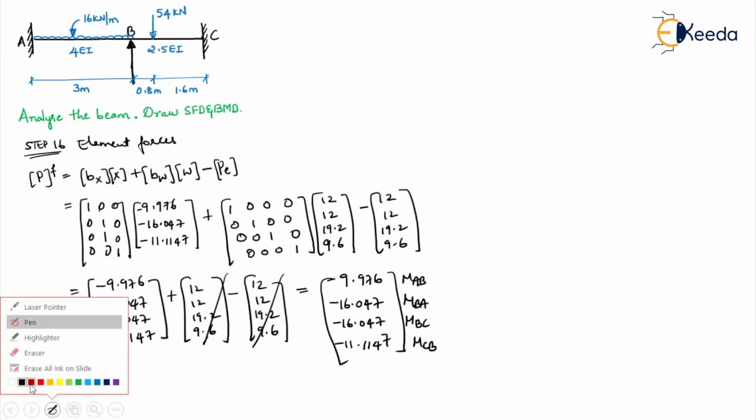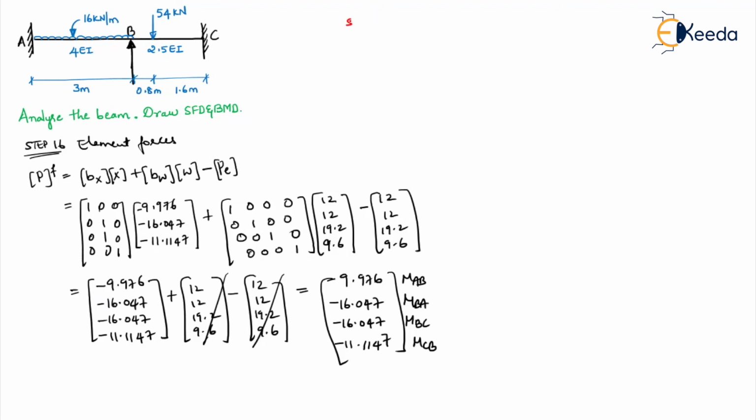Now these are your final element forces. Now step 17 is to calculate your BMD. So let's put that minus, so hogging, hogging, hogging and hogging, right? They will all hog the beam.